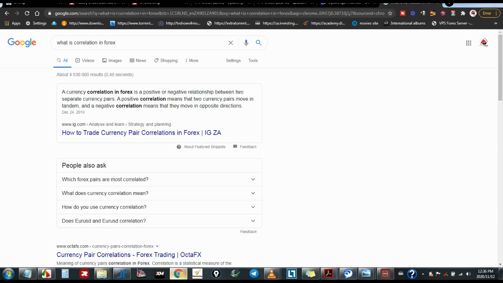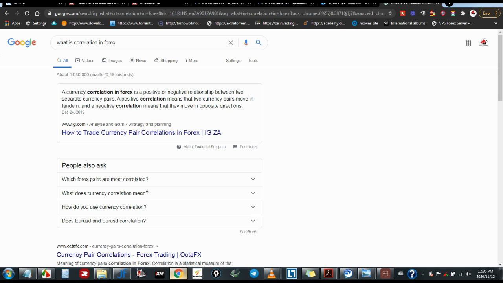Correlation is something that changes from time to time, from time frame to time frame. You'll find that today USDCHF and USDCAD are both positively correlated, meaning they are moving together today, but tomorrow or the day after you'll find that they are no longer really moving together. Maybe one is lagging behind the other, but you'll get what I mean.